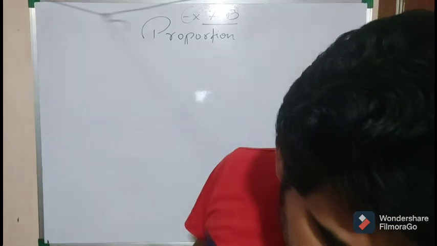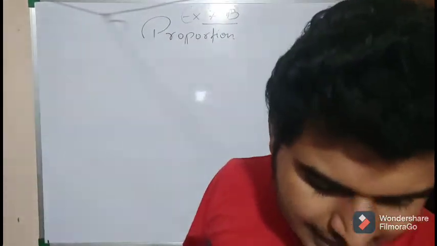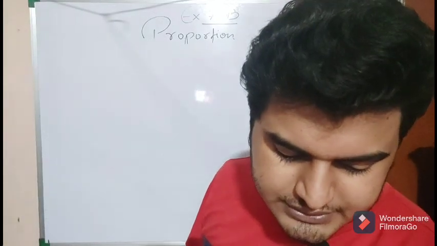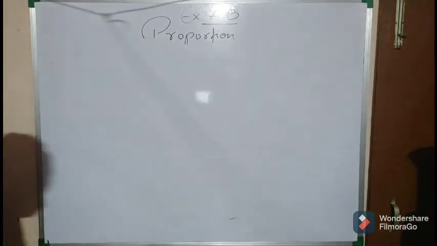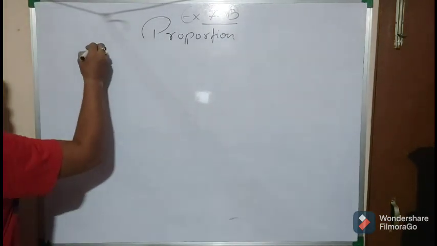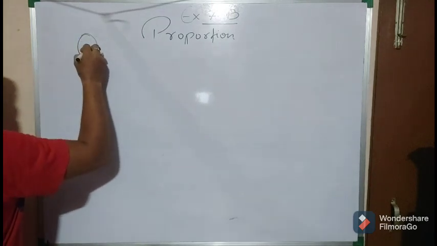Question number 9. Question number 9 says that if 25 persons can dig a trench 36 meter long in one day, find the number of persons required to dig a trench 108 meter long in one day.